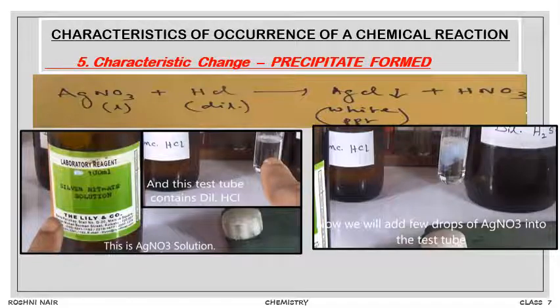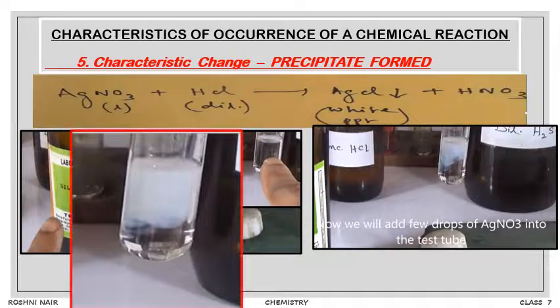Let me show you clearly. Yes, this is the final silver chloride. And you remember what I had mentioned? It is a milky white precipitate which is formed.